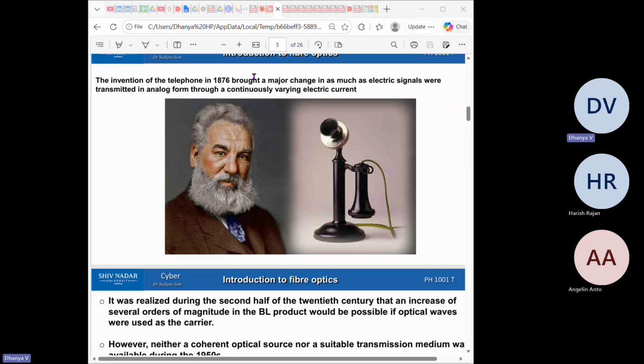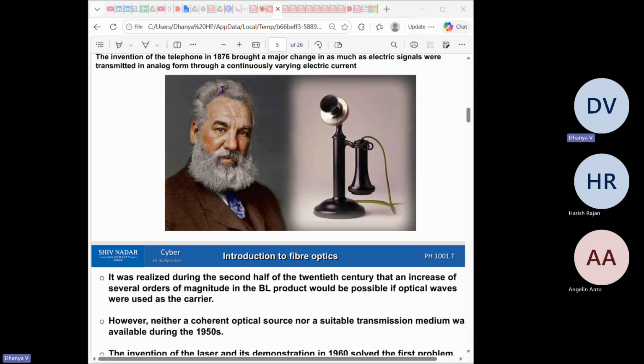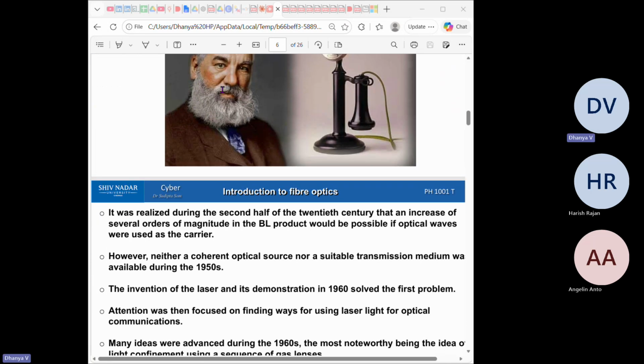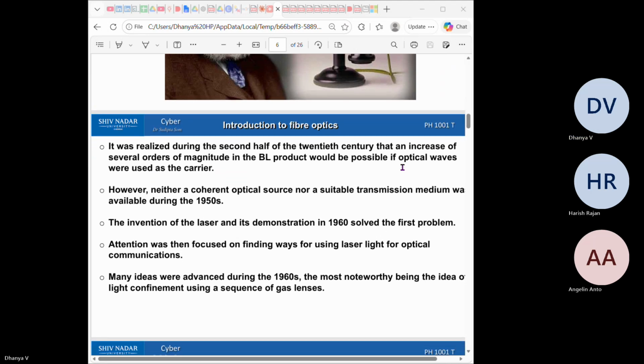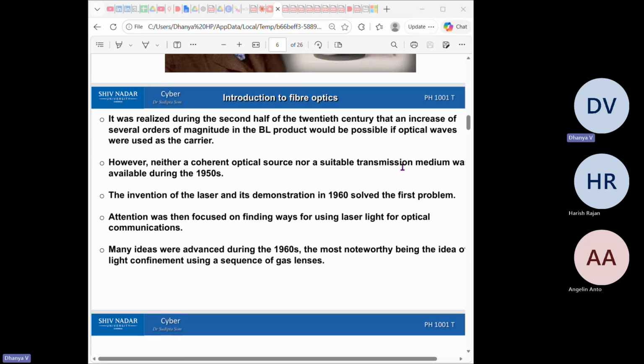The invention of the telephone brought a major change in much of the electrical signals transmitted in analog form, as a continuously varying electric current.